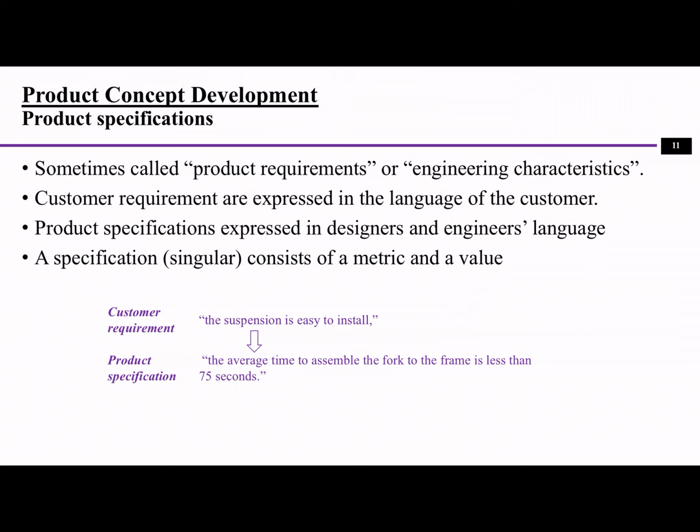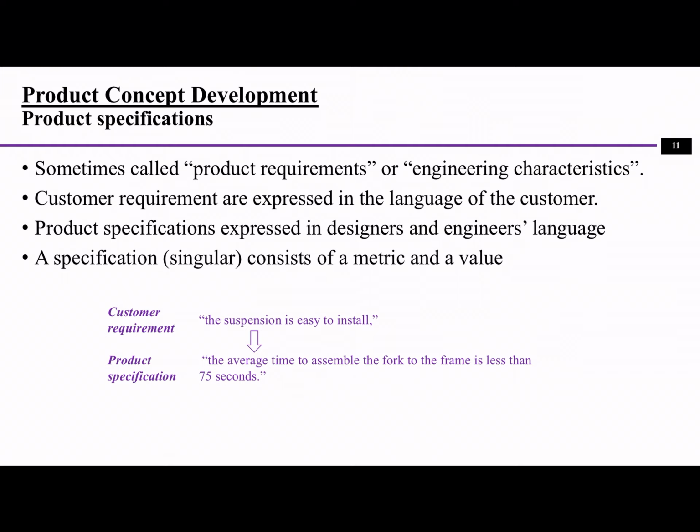You can look at an example. For example, the customer requirement says that the suspension should be easy to install. Well, for the product specification in this case, you have to convert it to a more engineering language. You can say the average time to assemble the fork to the frame is less than 75 seconds, right?